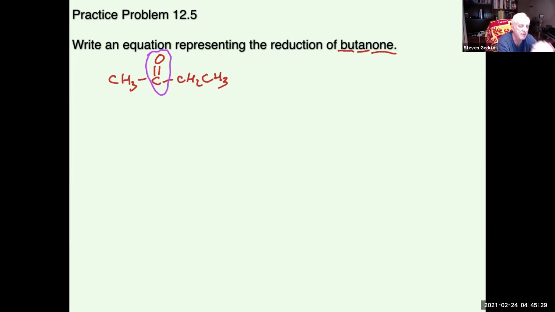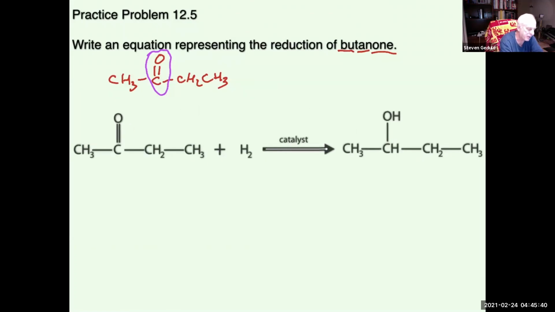Because remember, you name it to give the functional group, which is the ketone in this case, the lowest possible number. So I put it there, we're going to number it left to right. If I put it on the other side, we're going to name it right to left. So it's the same thing no matter what. Okay, that's why you don't have to put a number in front of it.